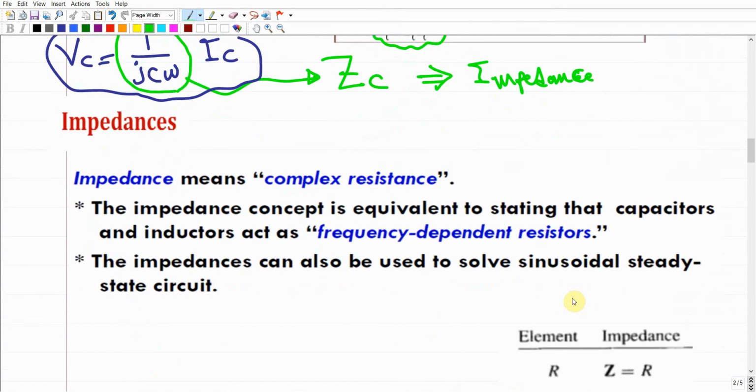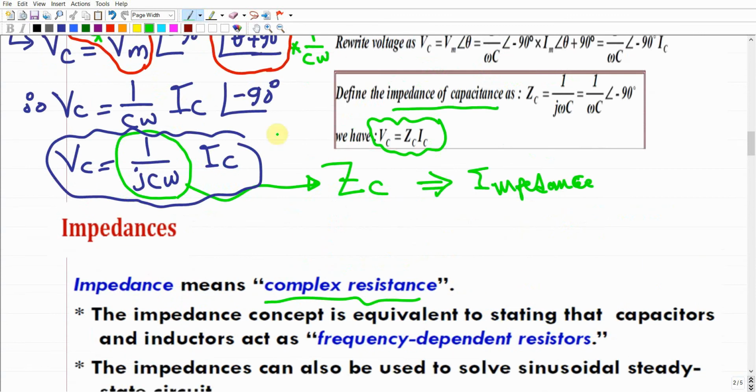So generally speaking, we can define impedance as complex resistance. As you can see, it looks like a resistor, but in the complex domain, or over the complex plane. That's why it is a complex number, and that's why we did a review over the complex numbers at the start of the chapter. This is another equivalent resistance, but in the complex plane or in the frequency domain.